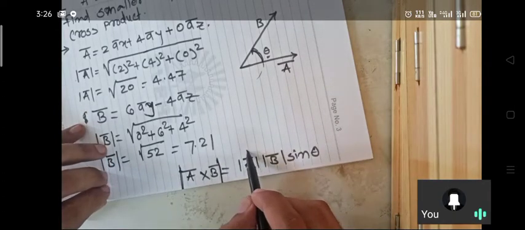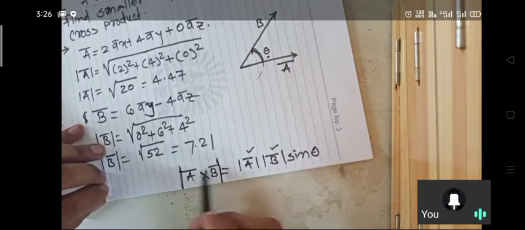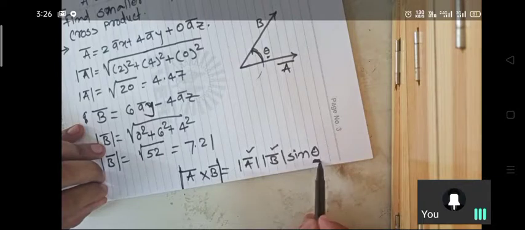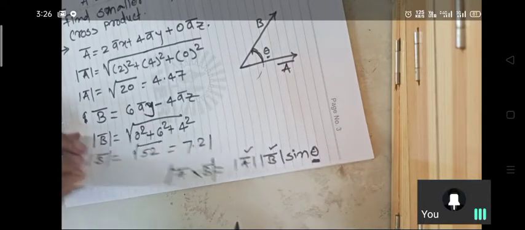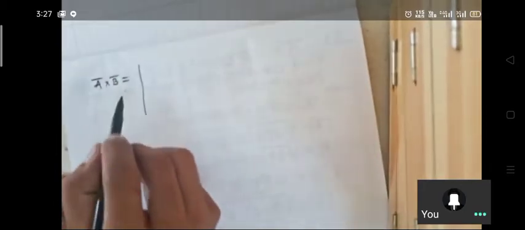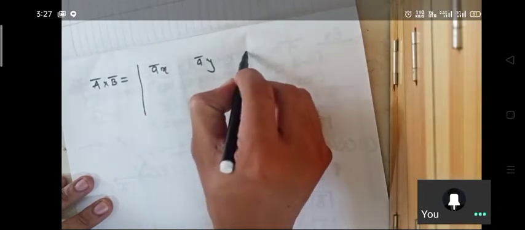So we have calculated this. If we calculate this one, we will be able to find the angle theta, right? So next step is to find a bar cross b bar, mod of a bar cross b bar. To obtain this, a bar cross b bar is equal to a bar x, a bar y, a bar z.